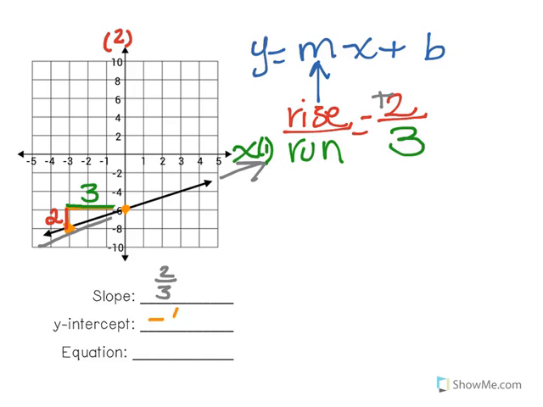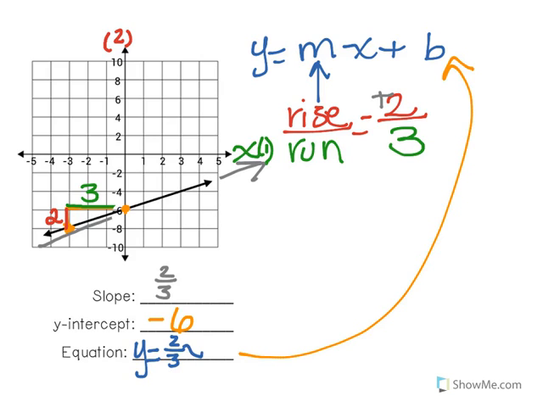That is my y-intercept. So if I was to plug this into the equation up top, my equation is going to be y equals 2/3 times x minus 6. And that is slope and y-intercept.